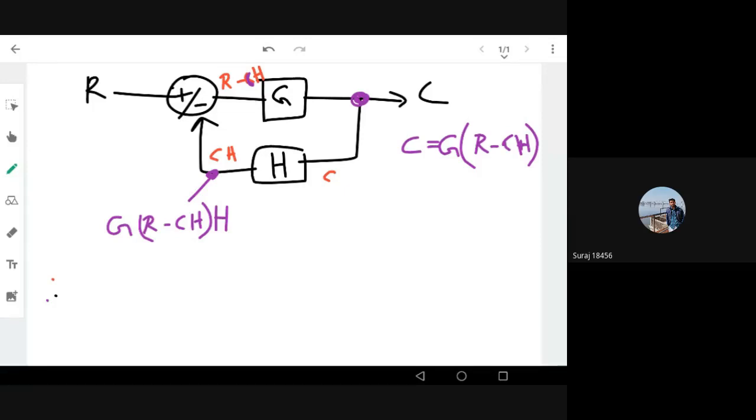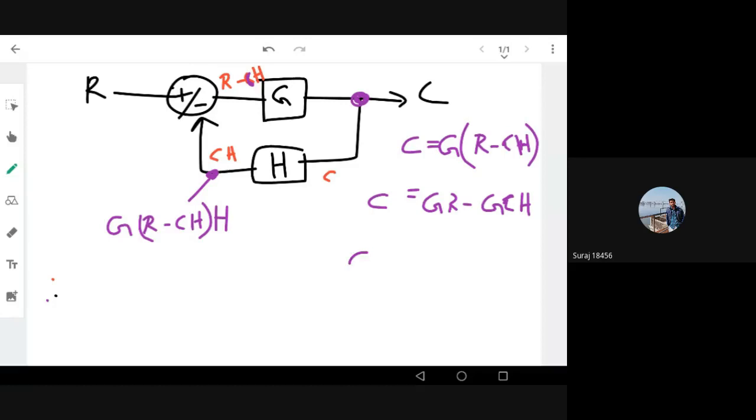Okay, so we can say C equal to G into R minus G into C into H. Then C 1 plus GH. Then C by R. We need C by R. So we can make C common.